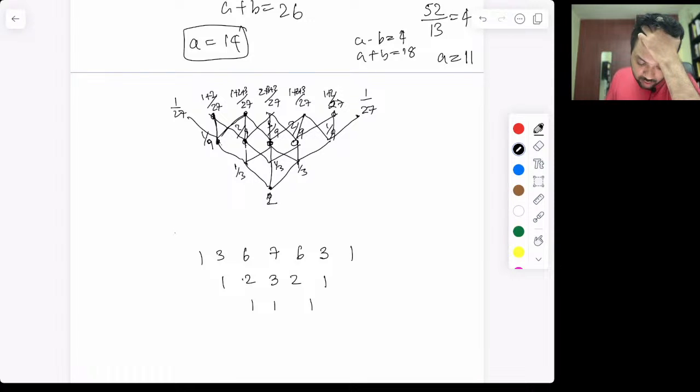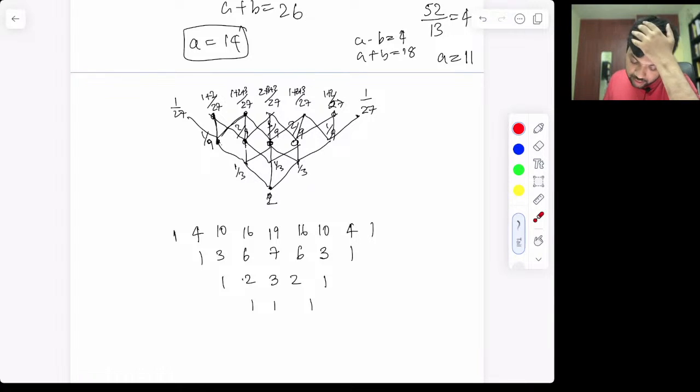We know actually 1, 4, 10, 16, 19, 16, 10, 4, 1. So it'd be like 20, 31 into 2, 62, 70 to 81, correct? That's up to 81.